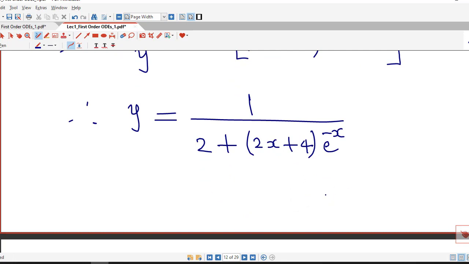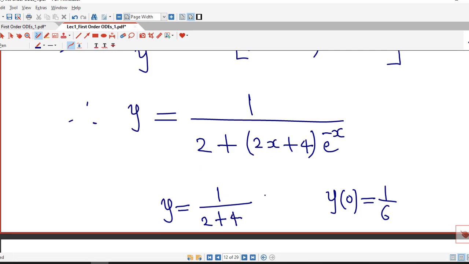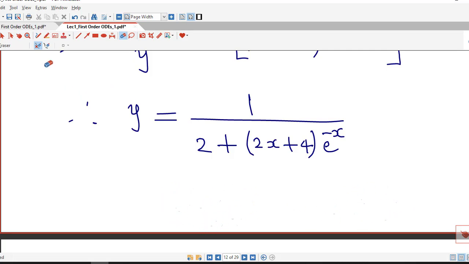We can check whether it satisfies the initial condition or not. The initial condition is when x is 0, y is 1 by 6. So if we put x equal to 0 in this solution, we have 2 plus 4, as x is 0, and e raised to 0 is 1. So our solution is correct. It satisfies this initial condition.